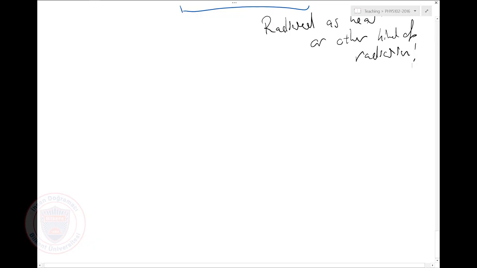Okay. Now maybe I can keep thinking about the capacitor as a circuit element.